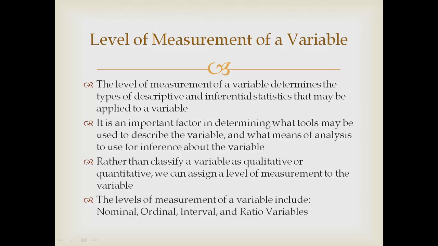The level of measurement determines the types of descriptive and inferential statistics that may be applied to a variable. Those levels of measurement are nominal, ordinal, interval, and ratio variables.